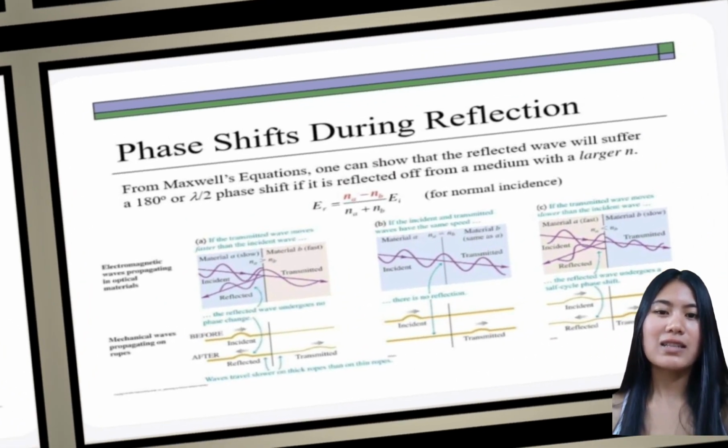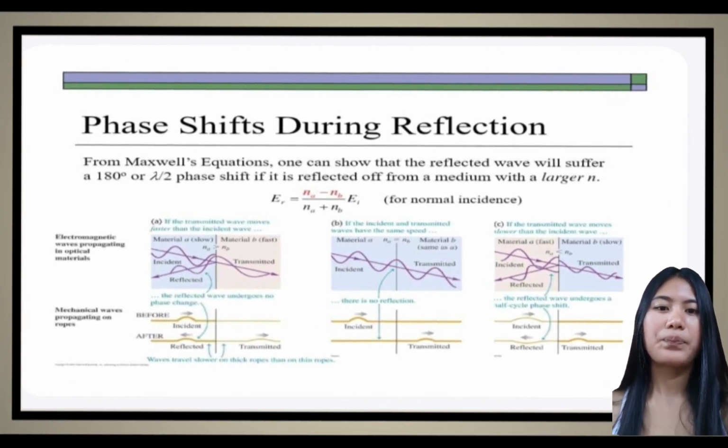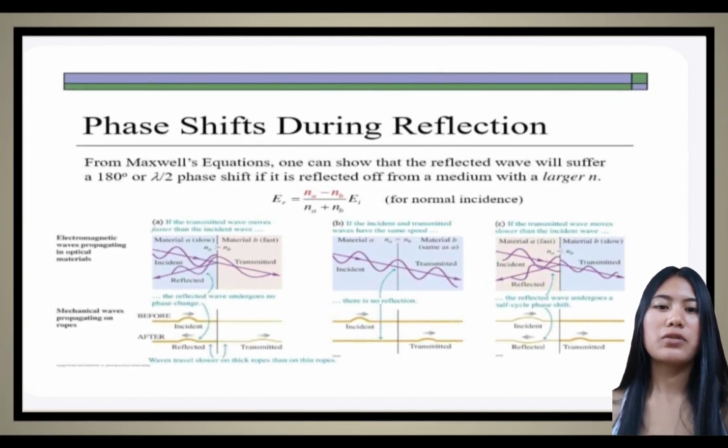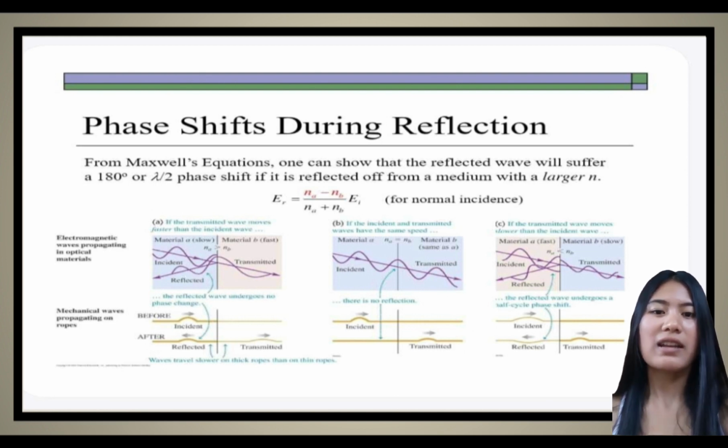Also in physics, phase shifts during reflection refer to a change in the phase of a wave when it reflects off a surface. The phase of a wave corresponds to its position in the cycle of oscillation. When a wave reflects off a medium with a different refractive index, the phase of the reflected wave can shift.